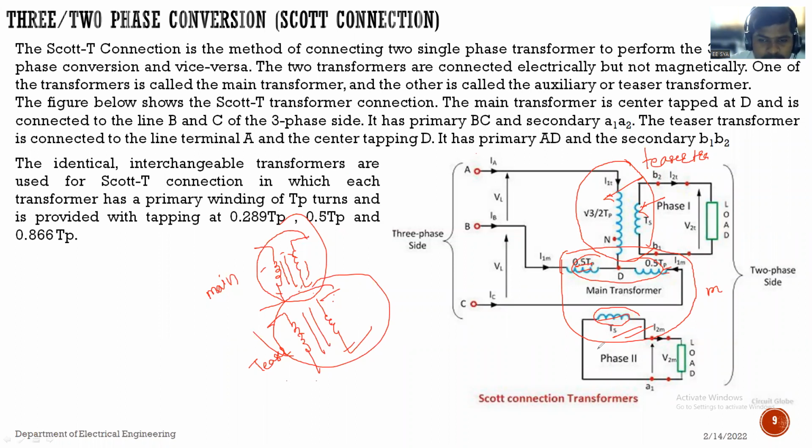No. But is there an electrical connection? Yes. Here it is electrically connected, a direct connection is made between the two transformers, there is no magnetic connection. So all of you understood the meaning: the two transformers are connected electrically but not magnetically. One of the transformers is called the main transformer and the other is called the auxiliary, or teaser transformer.